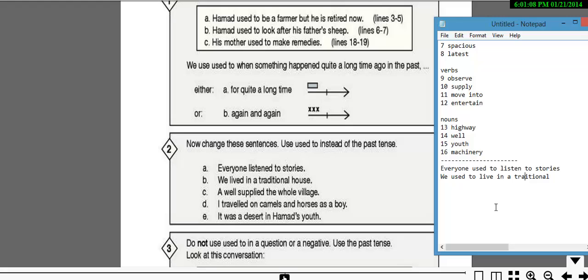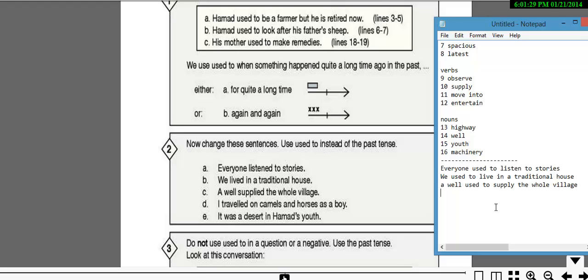Traditional house. And then let's get to the next one. A well supplied the whole village. A well used to supply the whole village.